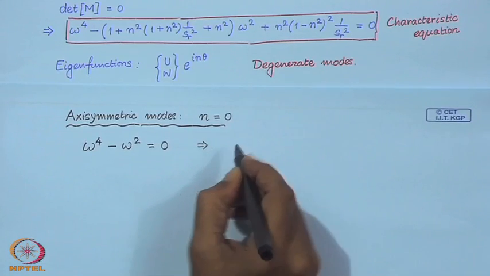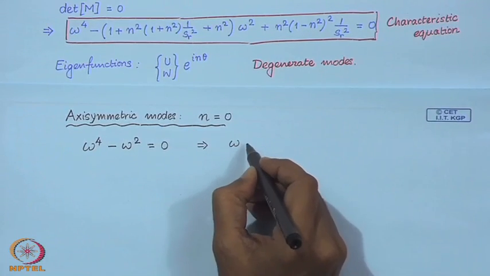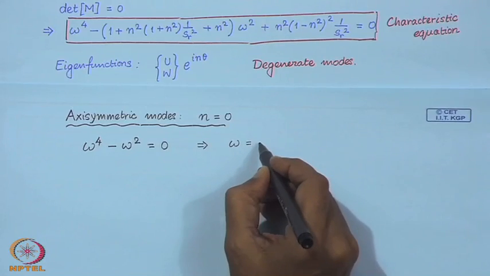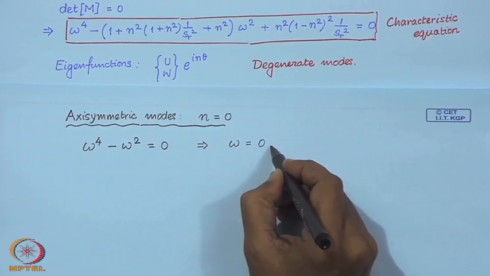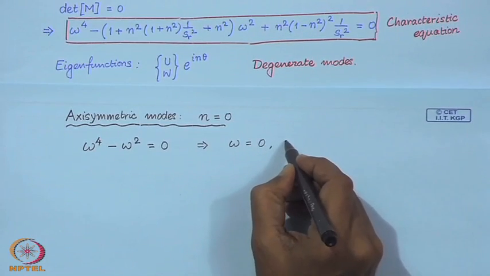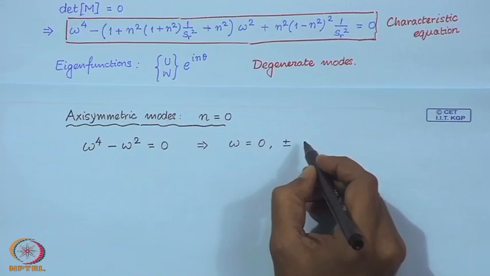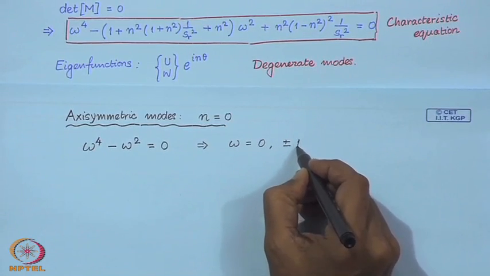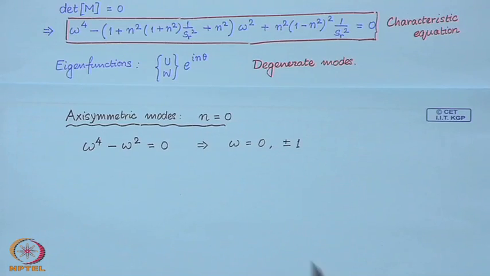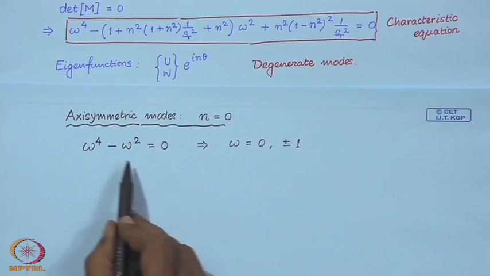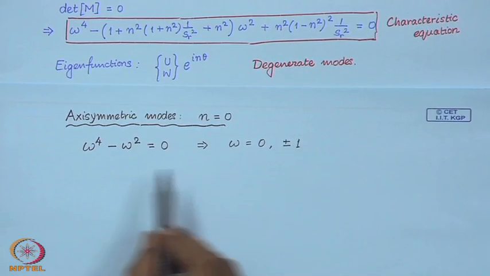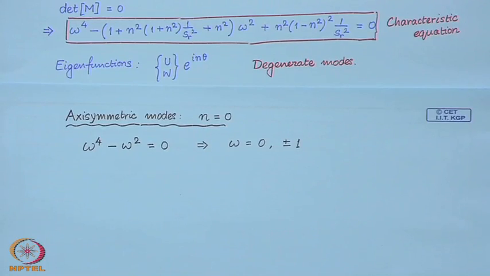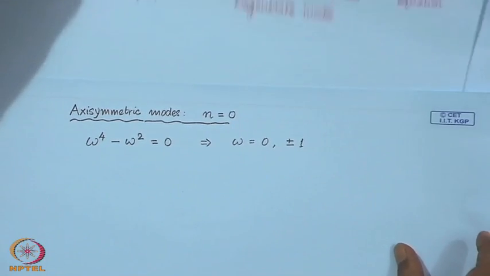So, that would imply you have omega equal to 0 and omega equal to plus or minus 1. So, let us first look at omega equal to 0.